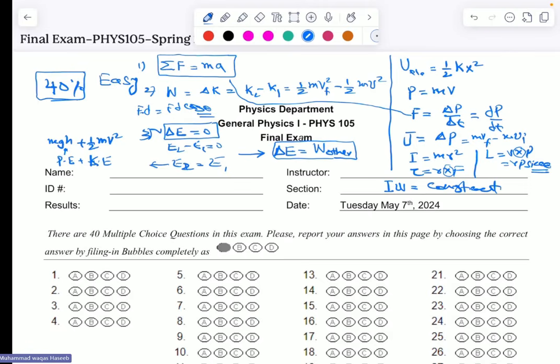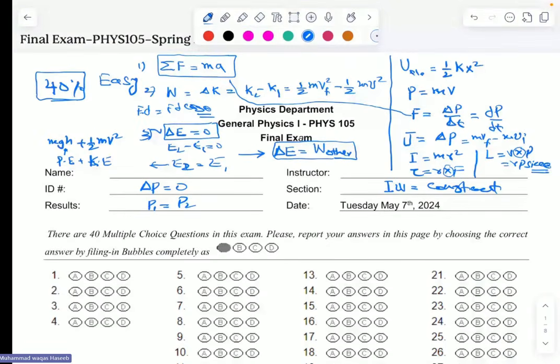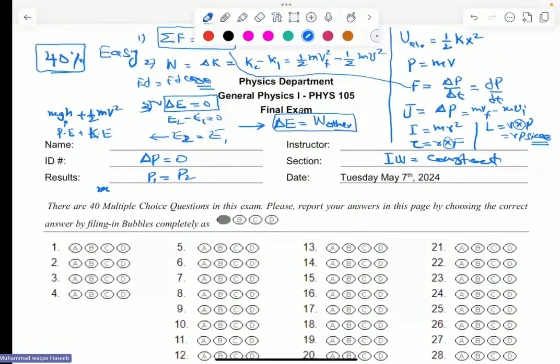Another important law is the law of conservation of momentum, which is delta P equals 0, which means P1 equals P2, momentum before collision and momentum after collision. So you can write: m1 v1 plus m2 v2 equals m1 v1 prime plus m2 v2 prime.